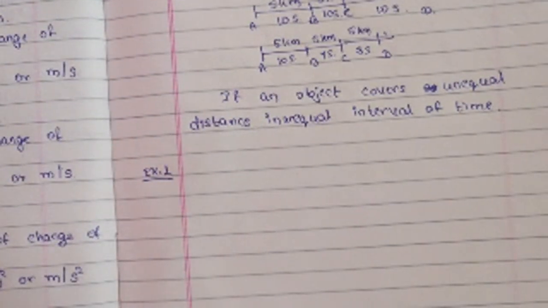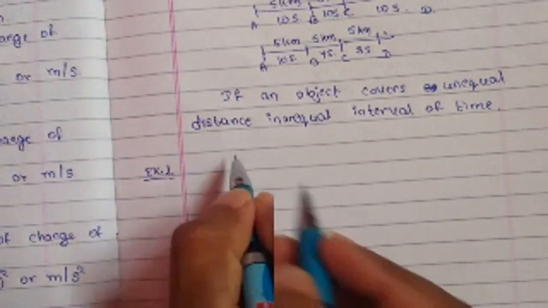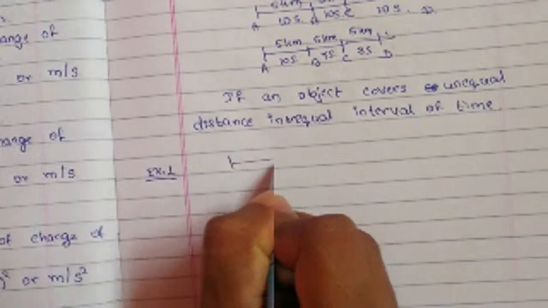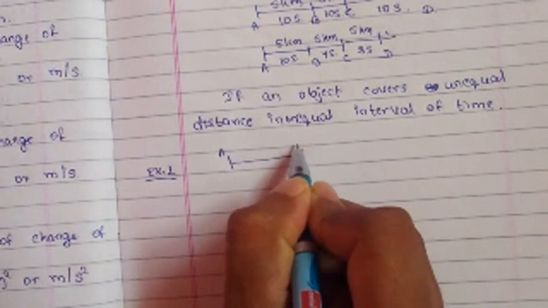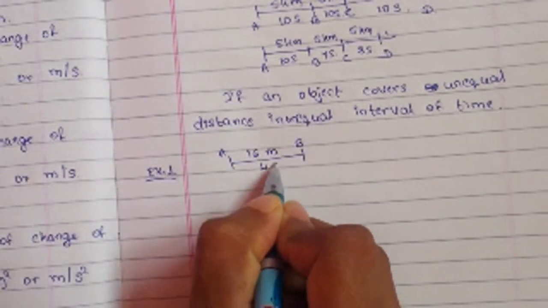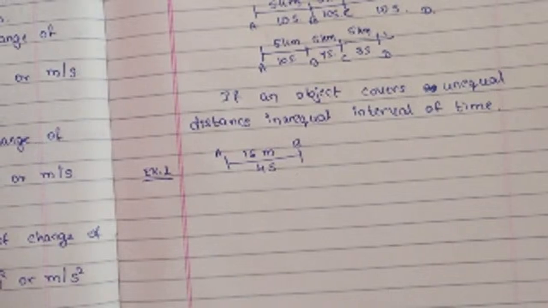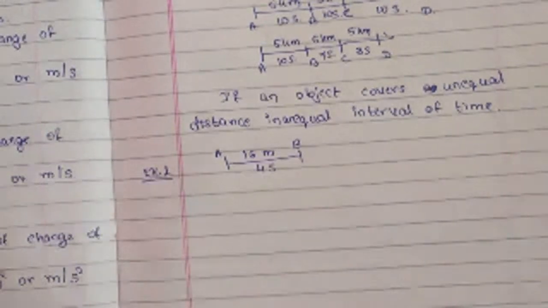According to the given question, first I will draw one small diagram here. The object moved from point A to point B. It travels a distance of 16 meters in 4 seconds, because it is given that the object travels 16 meters in 4 seconds.